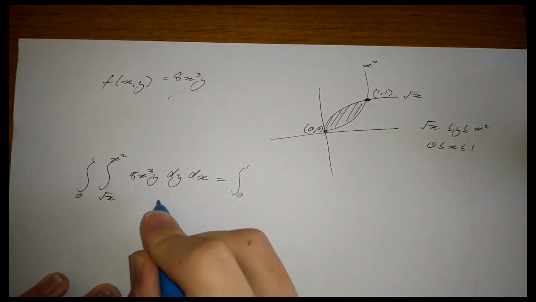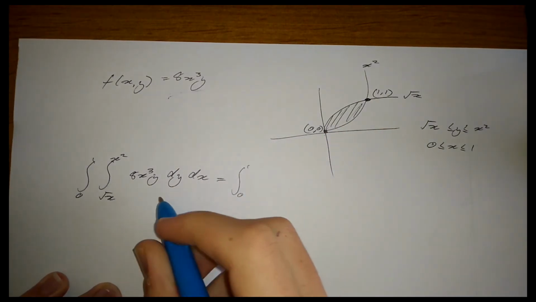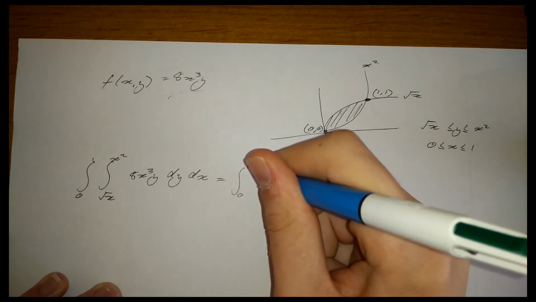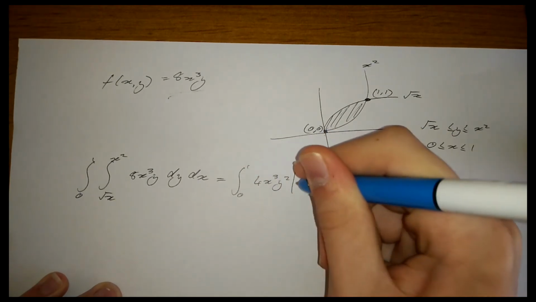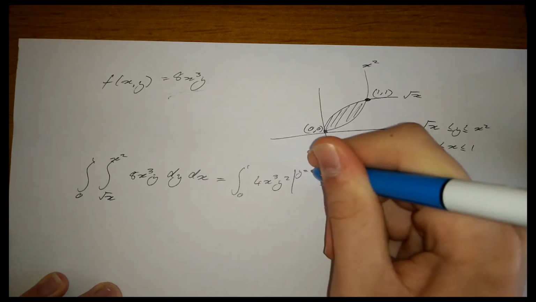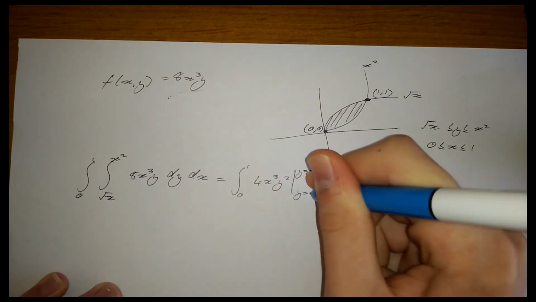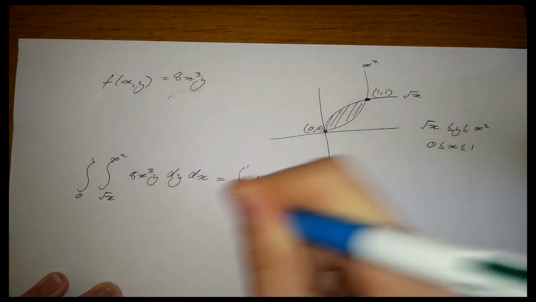So let's partially integrate this with respect to y. So that would just be 4x cubed y squared, evaluated from y equals x squared to y equals root x dx.